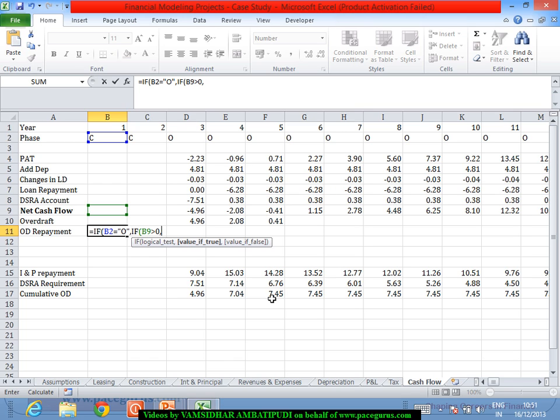So if at all the cumulative OD is lesser than the amount, I would pay the entire amount for the overdraft itself. So that is what I have to consider as a part of my calculation here. So what I am doing is, if that is an operations period and the cash flow is positive, I would consider the net cash flow.